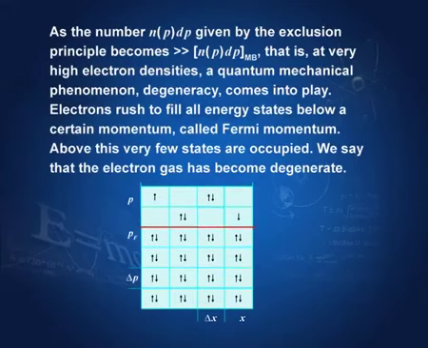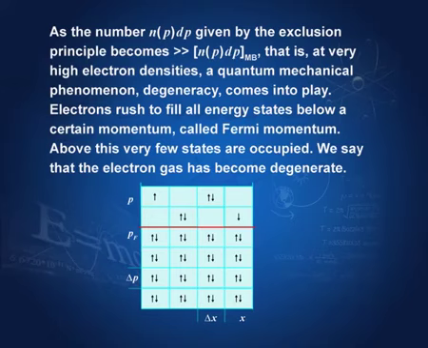Here again I show you those cells in x and p, and you see what I have been saying, that the property of a degenerate gas is that the particles rush to occupy the low lying energy states. Up to this red line, all energy states are full, you can see that, and above this there are only a few states which are full.